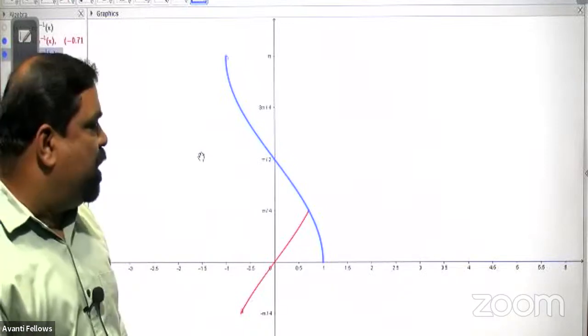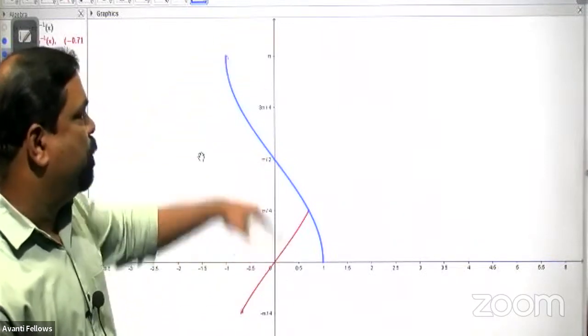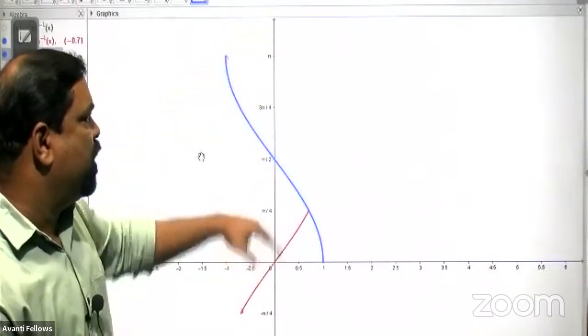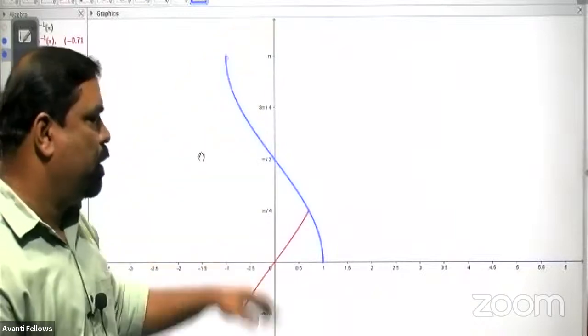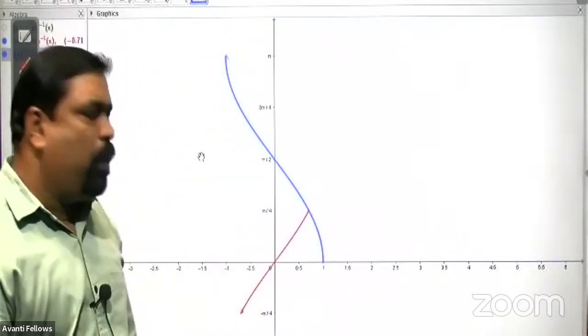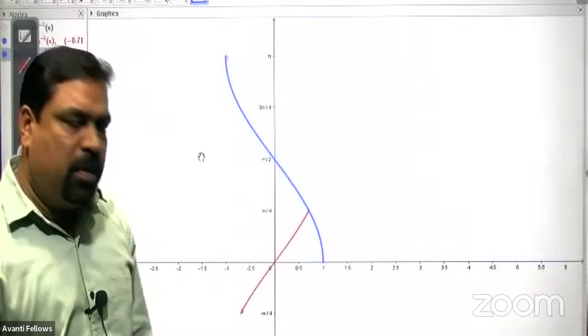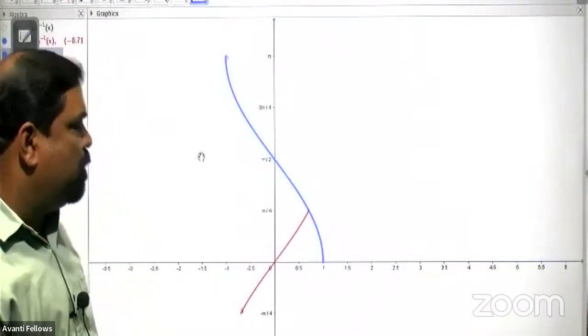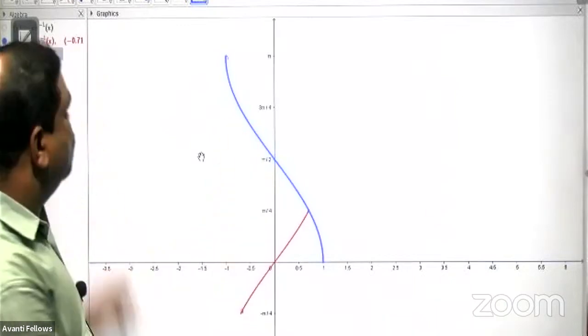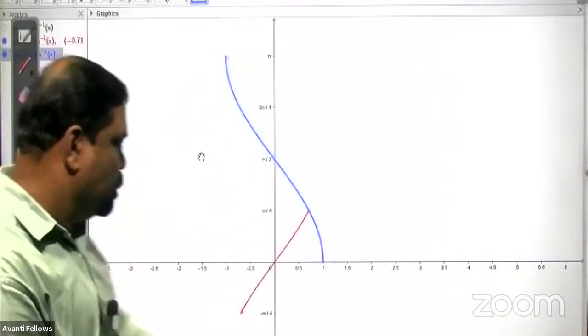The principal value branch is 0 to pi; the graph is in between 0 to pi along the y-axis, you can see. So please draw and practice this graph. Sometimes it may be asked in the exam. Last year it was there in some question paper.